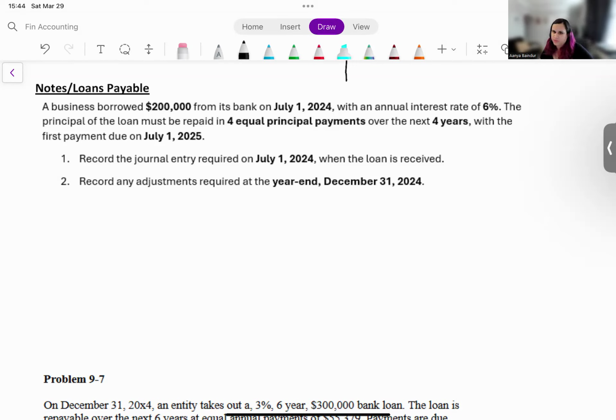So even though this is a notes payable question, it also seems like an adjusting entry question. It's fairly simple. When we borrowed the money, we debit cash because we received cash, and we credit bank loan. And the amount is 200,000.